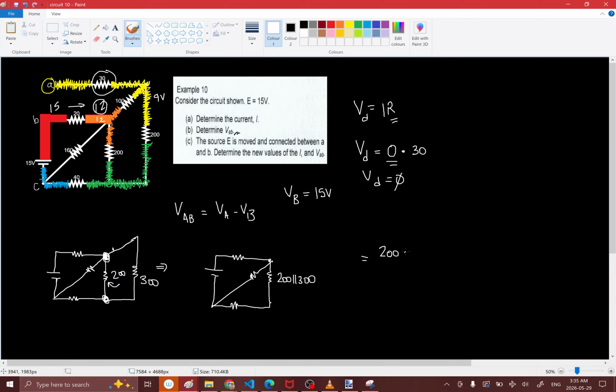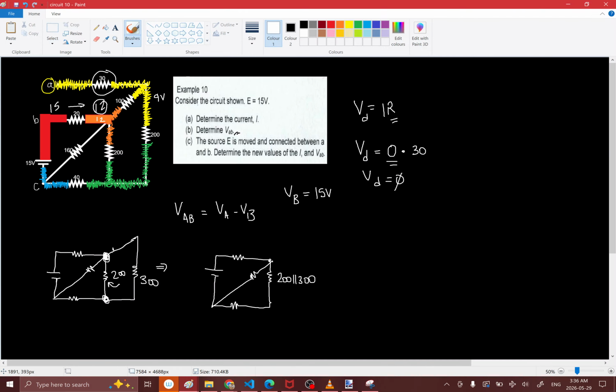So it's 200 times 300 divided by 200 plus 300. That's going to equal 6 times 10 to the 4 over 500. So that's going to be 1.2 times 10 to the 2, which is 120. Quick maths.